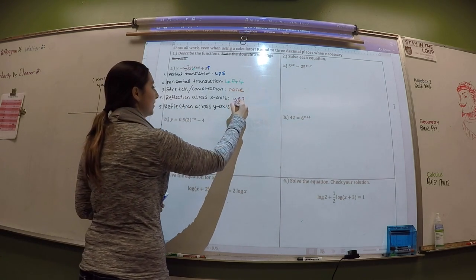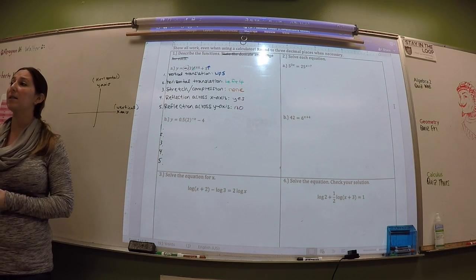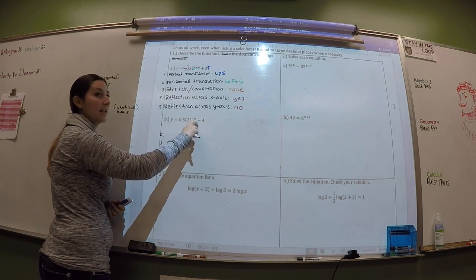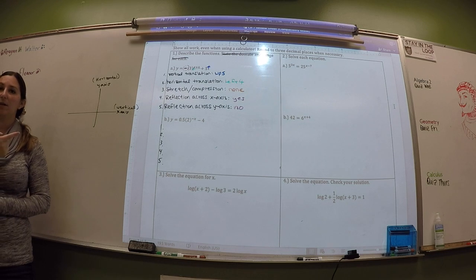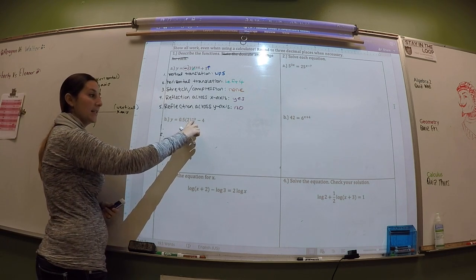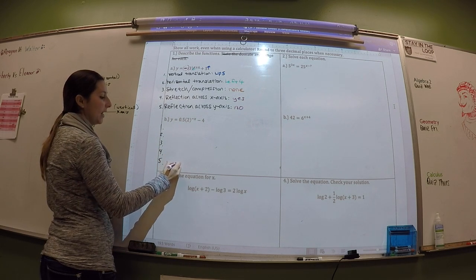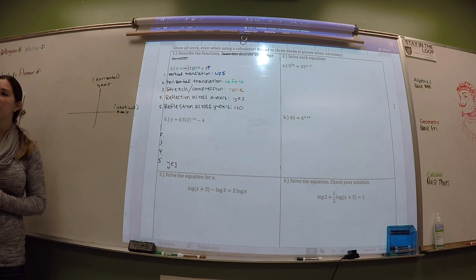Here, we're going to say no, there's no reflection across the y-axis. A reflection across the y-axis would be if there was a negative sign or a -1 in front of the x, like that. So if you look at the second one, see how there's like a -x there? So for number 5, I'm going to say yes to that one, because there's a reflection across the y-axis, so it's going to flip it this way.